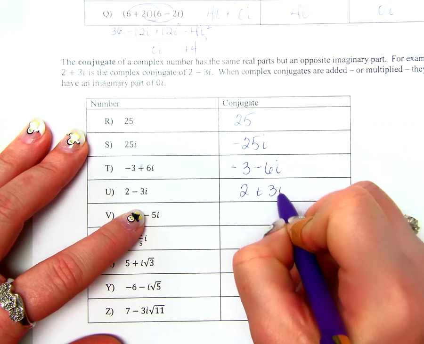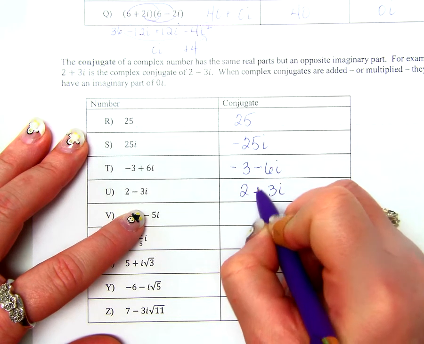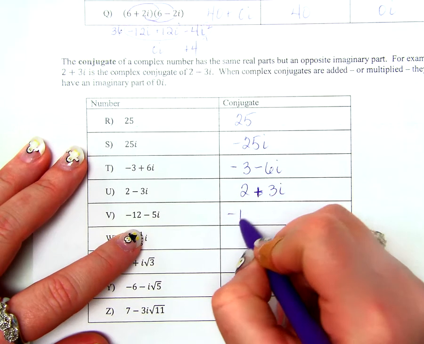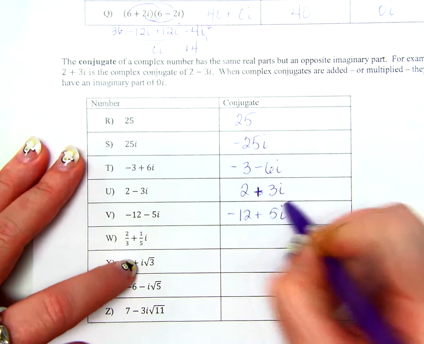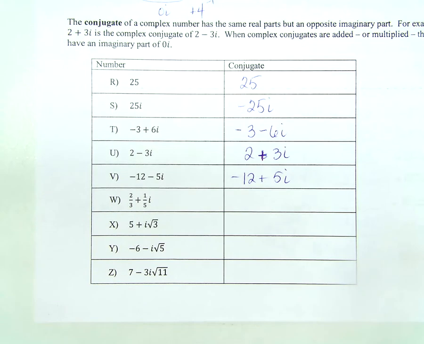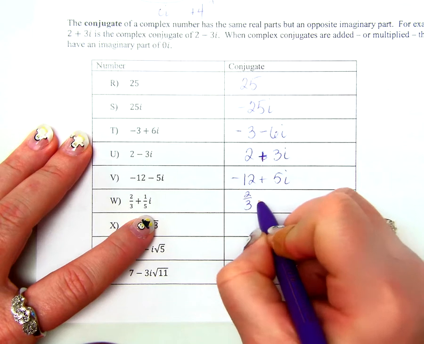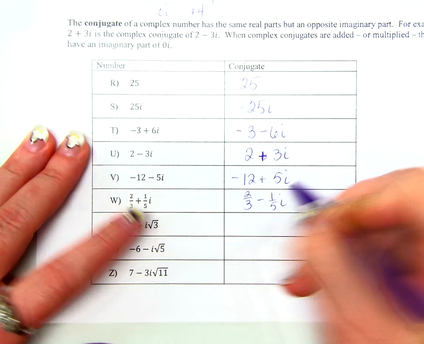2 plus 3i. Oh my goodness, I don't even know why I drew a t. Let's pretend it's a plus. What about v? Negative 12 plus 5i. Excellent. Ooh, w must be hard. There's fractions in it. 2/3 minus 1/5 i. You guys are geniuses.